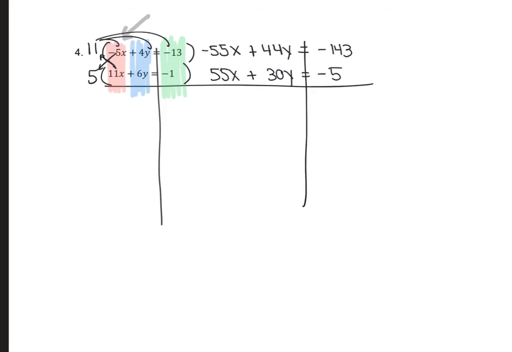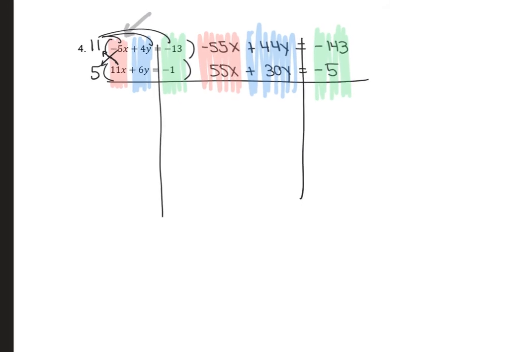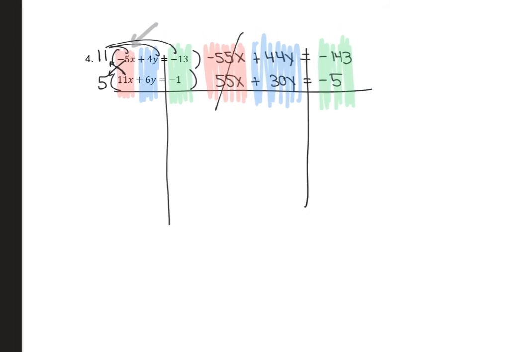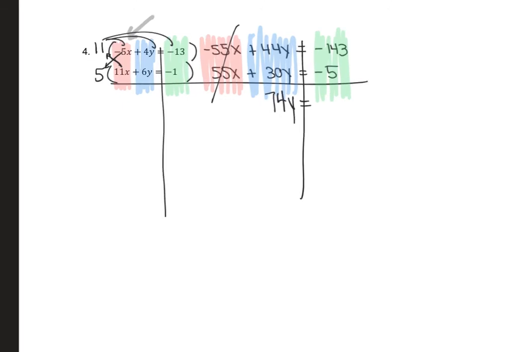Lining up, column by column. And sometimes these don't look like they're going to work out nicely, but then you're surprised. All right, the negative 55x and the 55x zero out. We end up with, sorry, it's jumping all over the place, 74y equals negative 147.